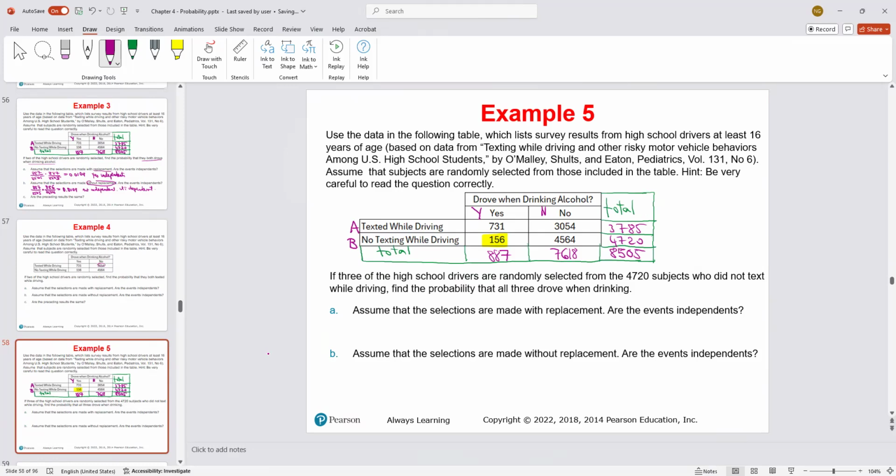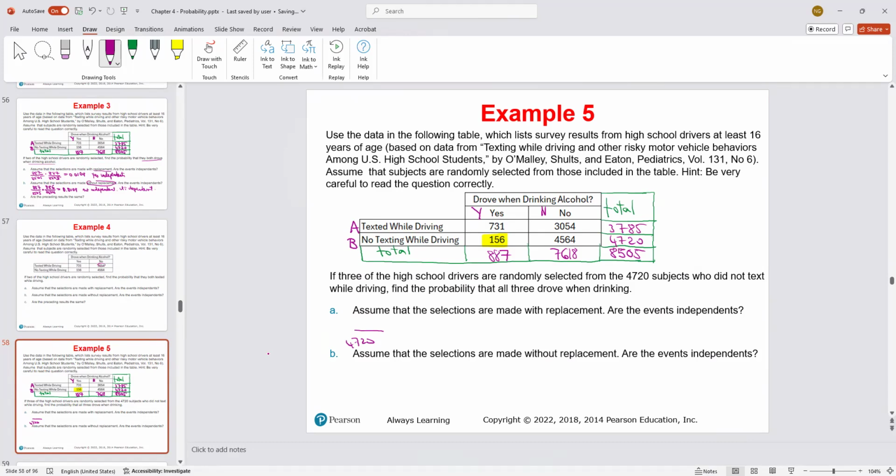Now we do it out of 4720, because they said do it out of that. All three texted while driving and drove while drinking.